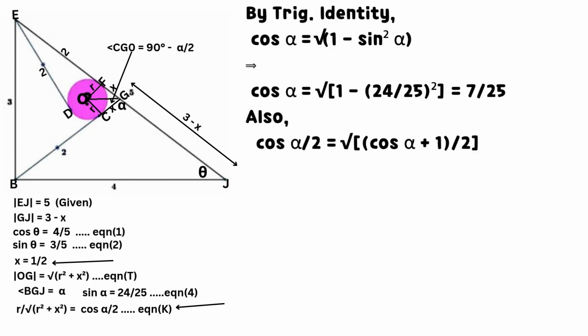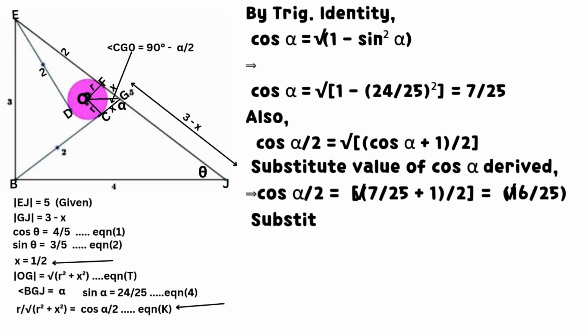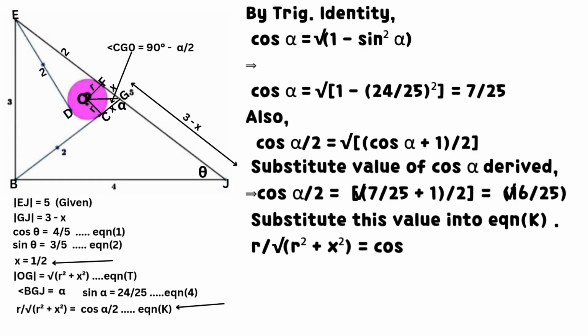Also, cosine half of alpha equals the square root of half of the sum of cosine alpha and 1. Substitute the value of cosine alpha derived. This implies that cosine half of alpha equals the square root of half of the sum of 7 divided by 25 and 1, which equals the square root of 16 divided by 25.